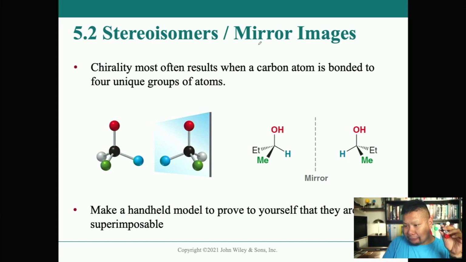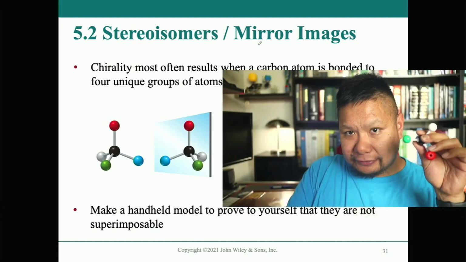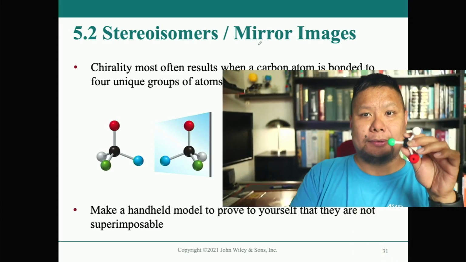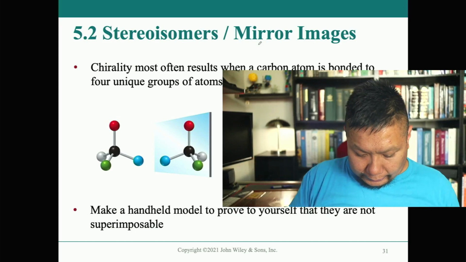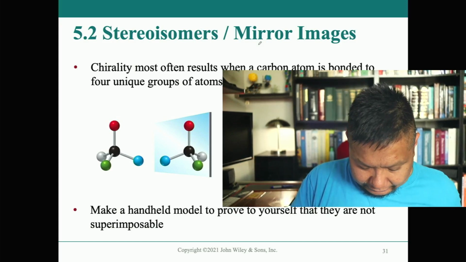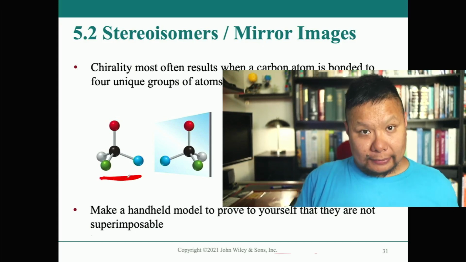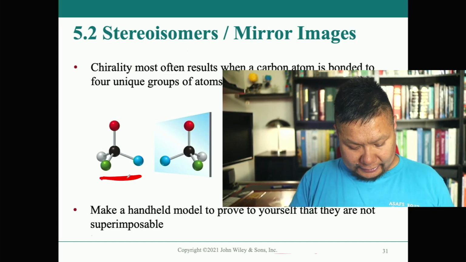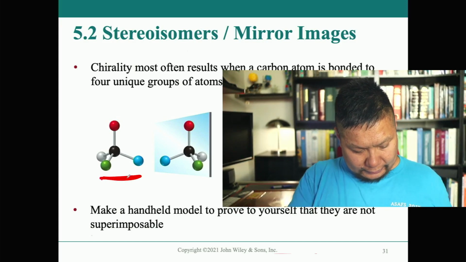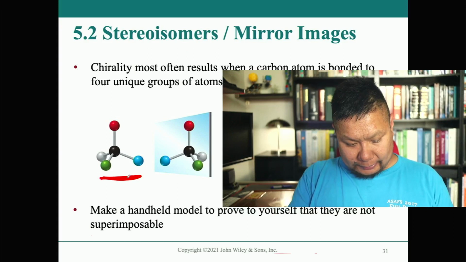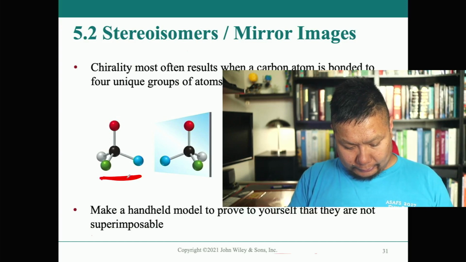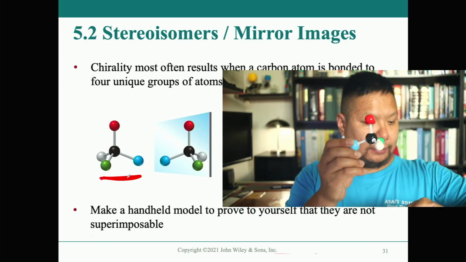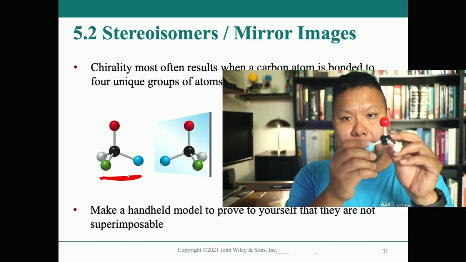Let me go halfway first, like a half and half image here, so you can see that. There we go. So the molecule that's not the mirror image is this one right here. See, I have to even check to make sure I got it right. There we go. Yeah, it's this one right here, okay?